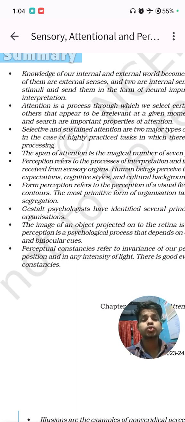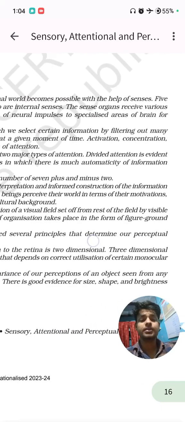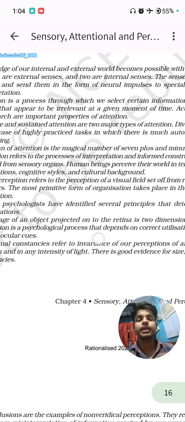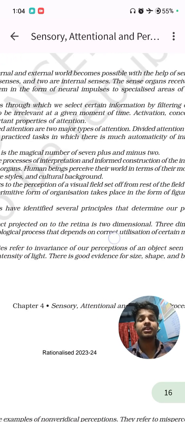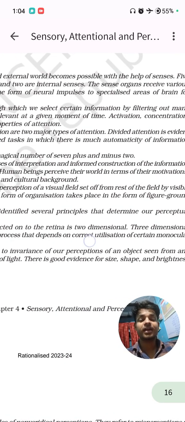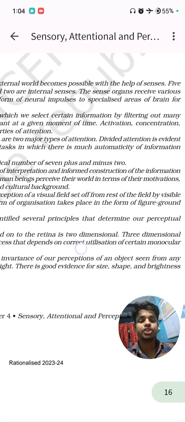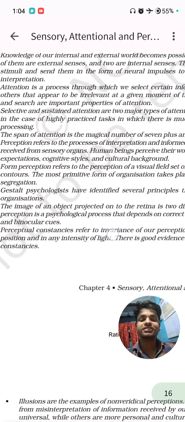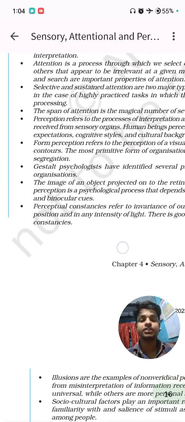Attention is the process through which we select certain information by filtering out many others that appear to be irrelevant at a given moment of time. Activation, concentration, and search are important properties of attention.